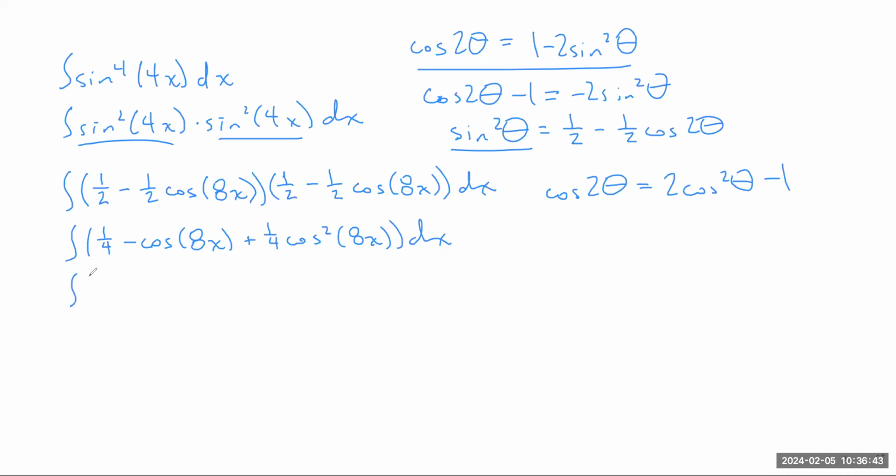So then now I can use that and isolate. So cosine squared theta equals 1/2 cosine 2 theta plus 1/2.